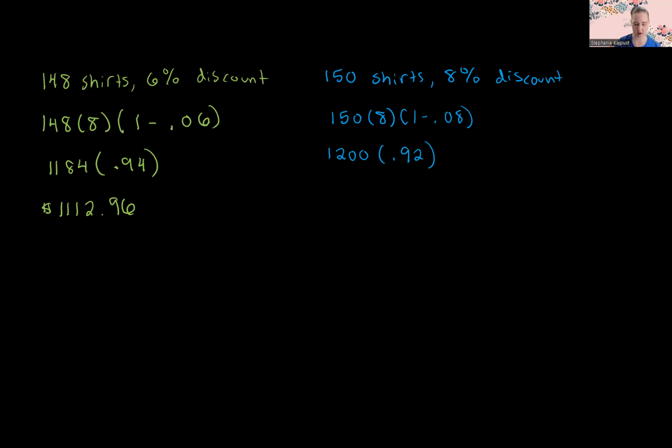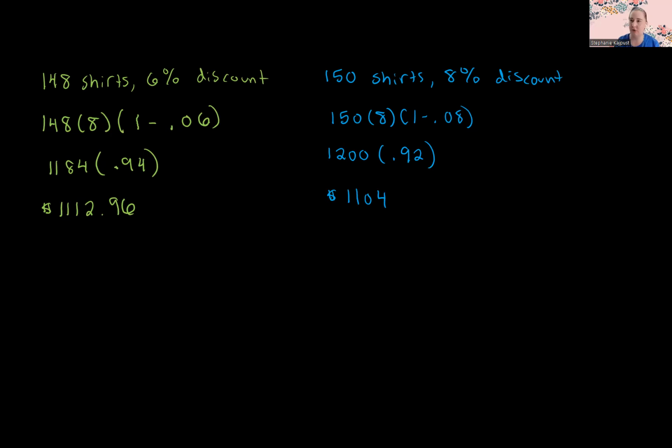And then I multiply those together. We get 1,104. So that is cheaper than the 1,112.96. So it is cheaper to buy 2 more shirts to get that additional discount.